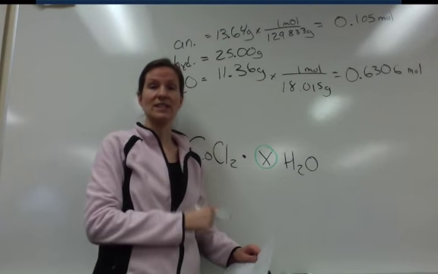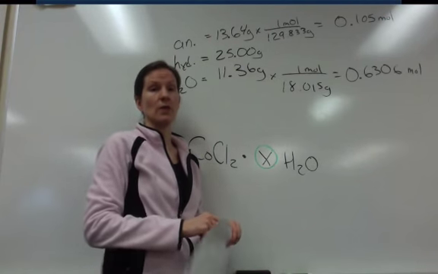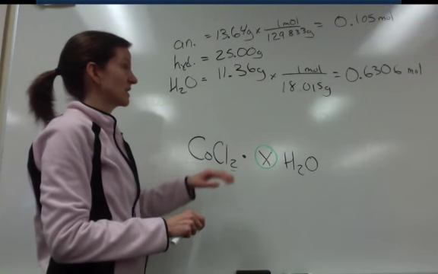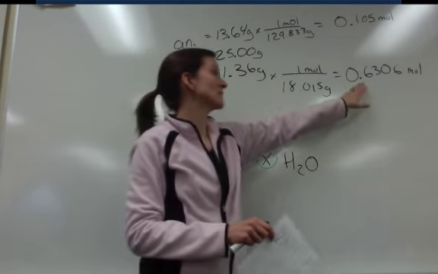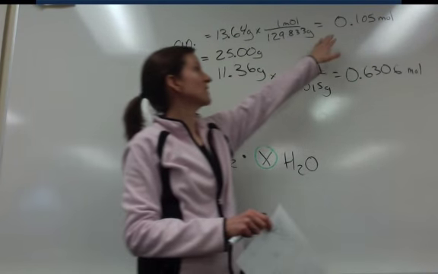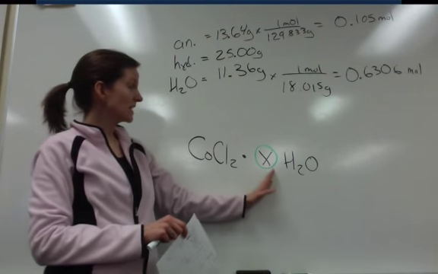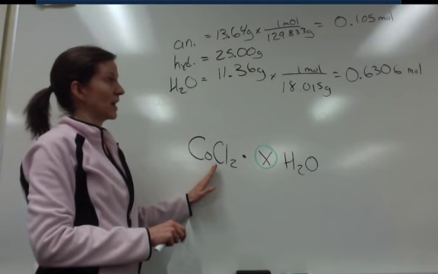Now what I've calculated here is the actual amount of moles of water and anhydrate within my cobalt chloride hydrate. Okay? Within this substance, if I have 11.36 grams, I've got this many moles of water. If I've got 13.64 grams, I've got this many moles of cobalt chloride. To get this X again, that's the mole ratio between water and cobalt chloride.